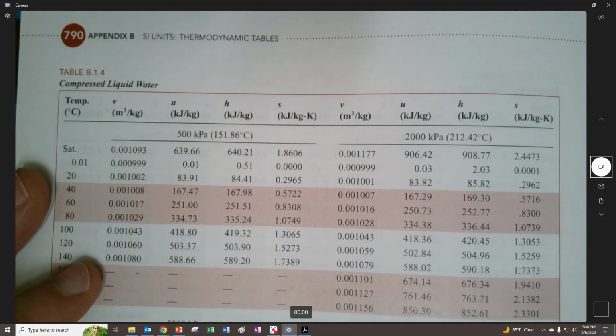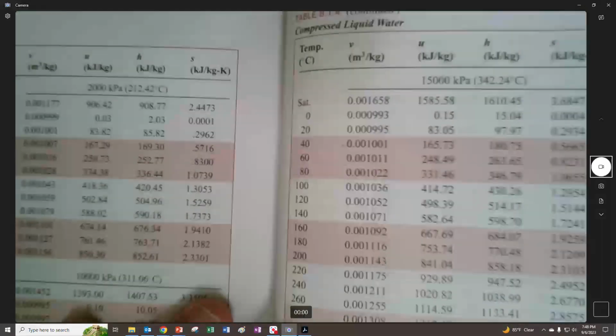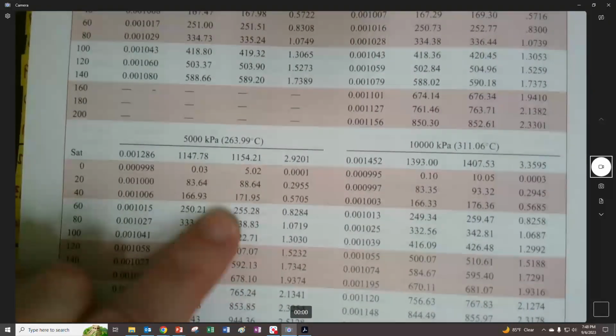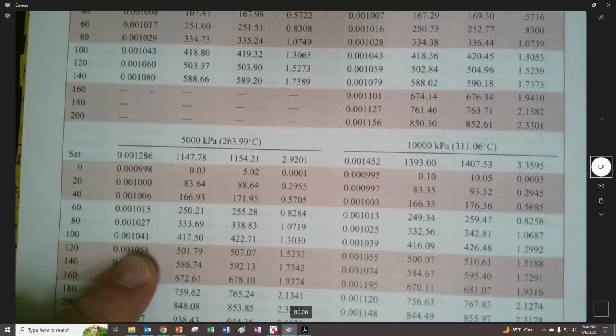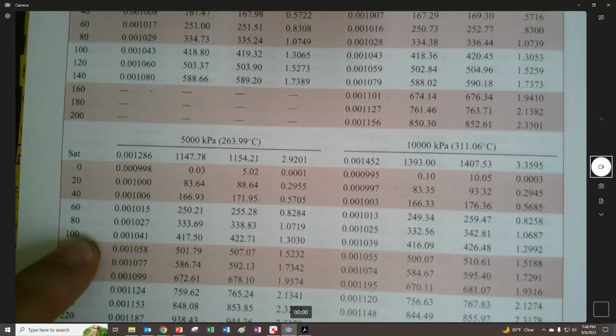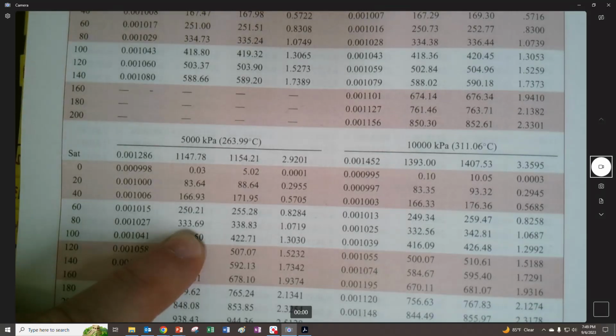They said 5 megapascals, which is 5,000 kilopascals, which is right here. And the temperature is 80. So we're talking 333.69.